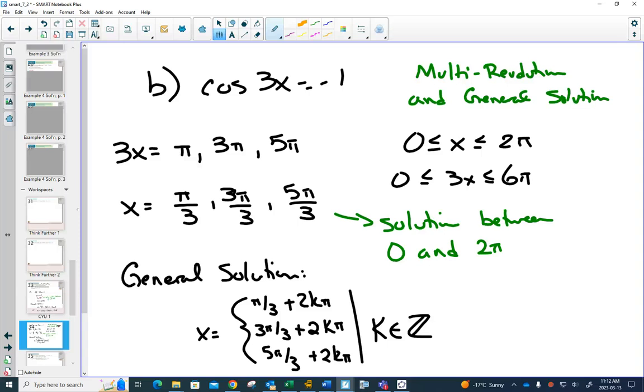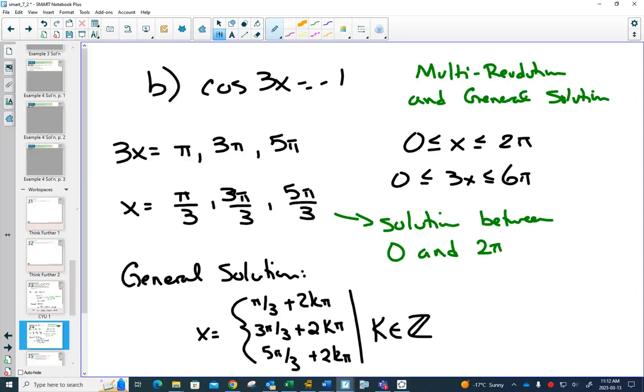So if we recap what we did here, we solved between 0 and 2 pi first and had to use our multi-revolution steps to do that. Then we wrote plus 2k pi for each of those answers to make it the general solution.